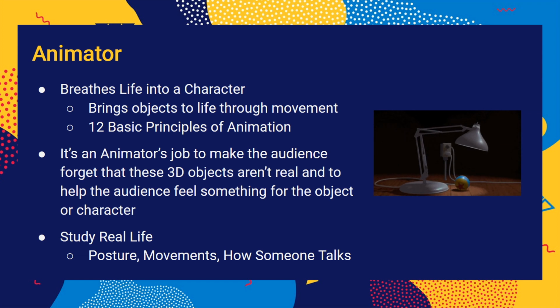They bring objects to life through movement using the 12 basic principles of animation, which, as we know, are squash and stretch, anticipation, staging, straight ahead action and pose to pose, follow through and overlapping action, slow in and slow out, arc, secondary action, timing, exaggeration, solid drawing, and appeal. So we'll go over several of the principles of animation throughout the course.